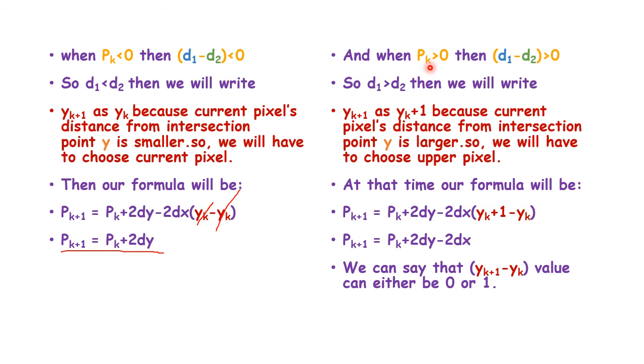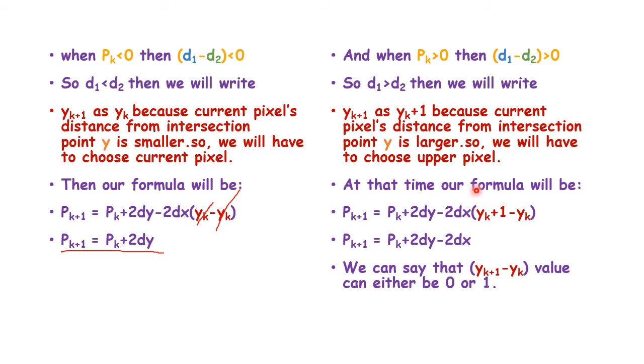and when pk is greater than 0, then d1 minus d2 is greater than 0, so d1 is greater than d2. Then we will write yk plus 1 as yk plus 1, because the current pixel's distance from the intersection point y is larger, so we will choose the upper pixel.